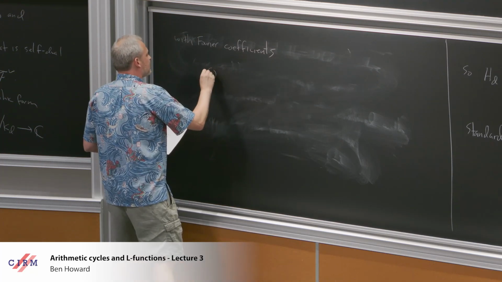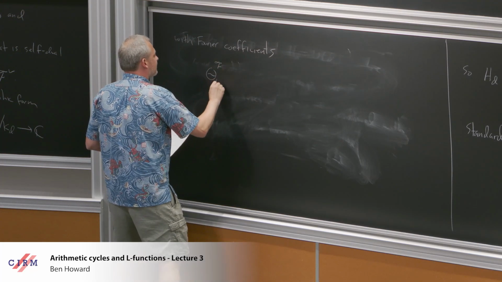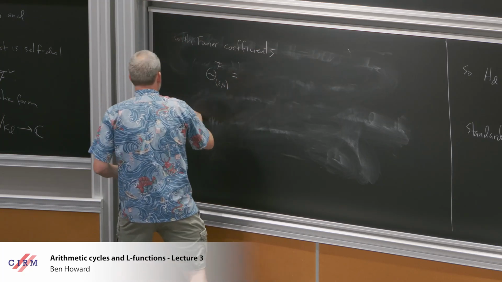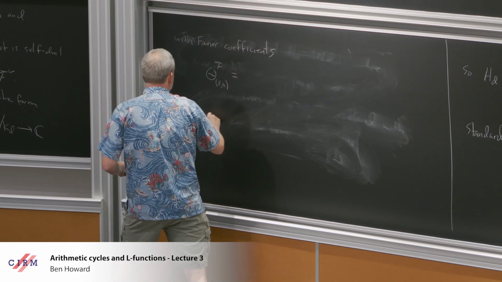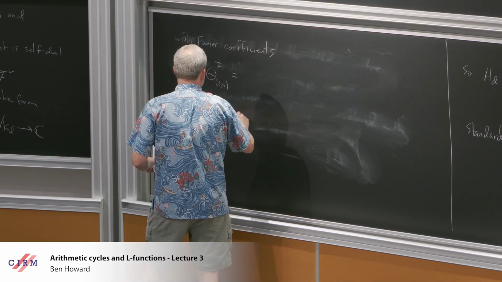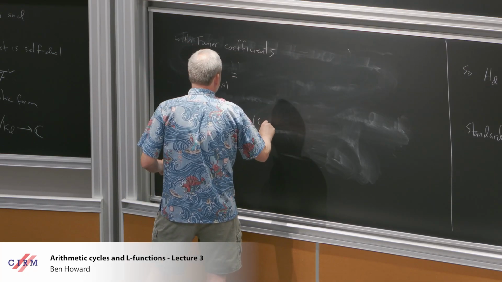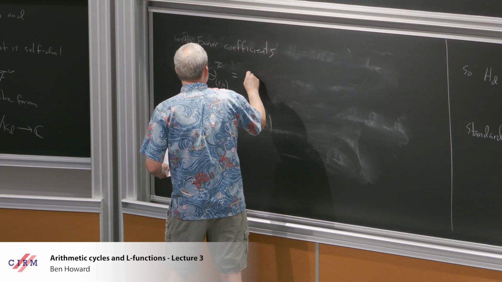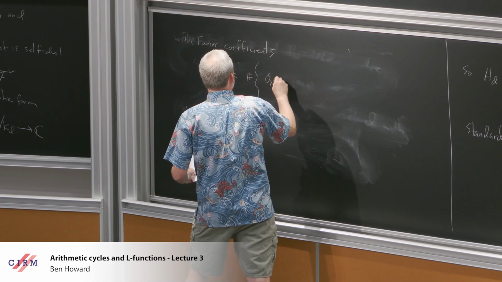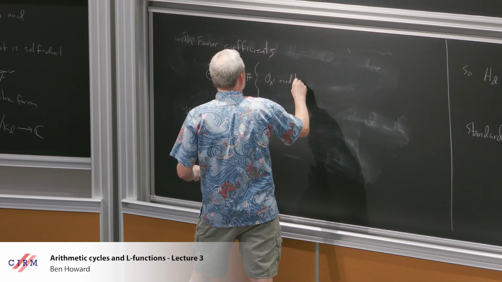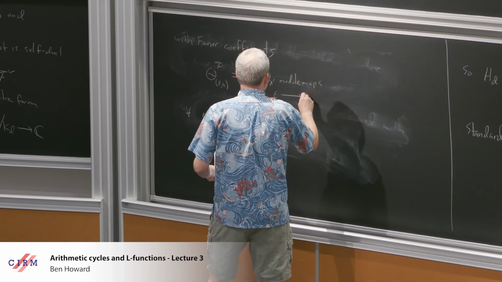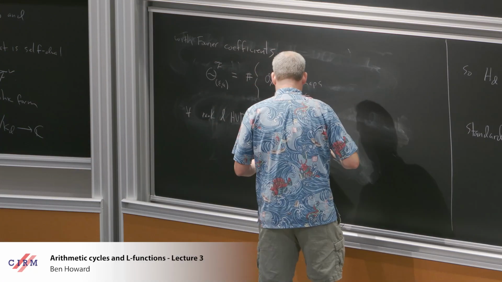Fourier coefficient theta upper F sub EA, for all rank D Hermitian vector bundles EA, just counts the number of OX prime module maps from E to F.